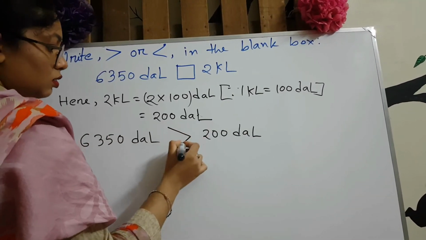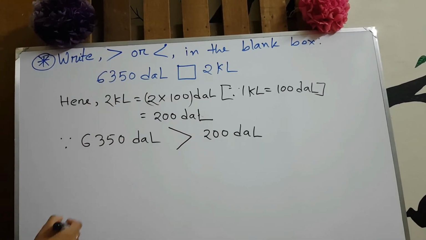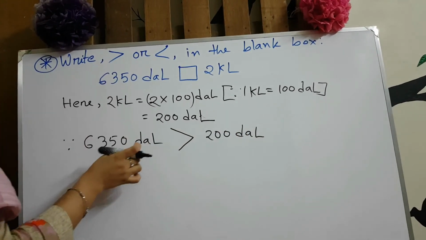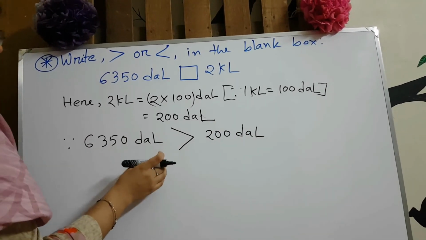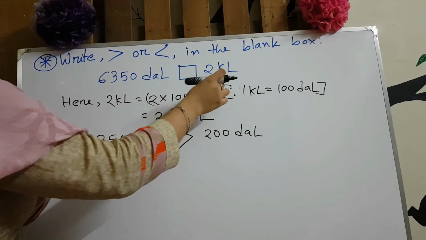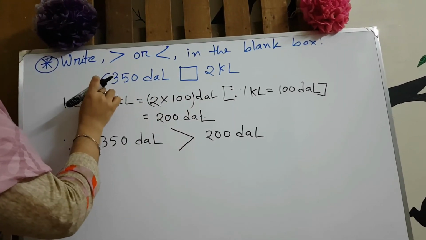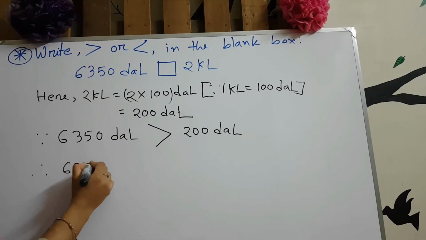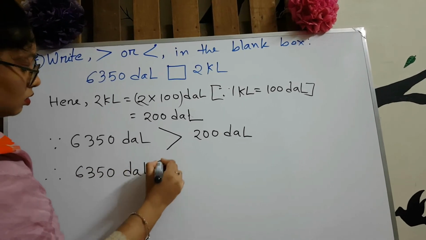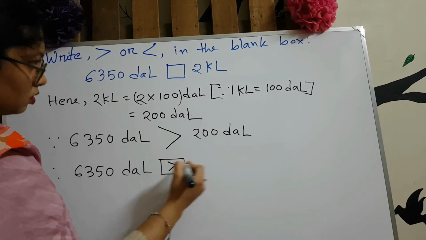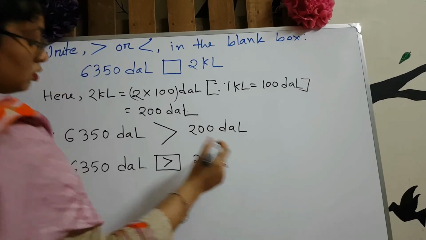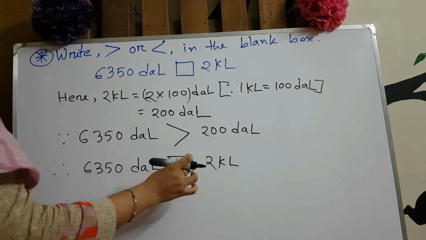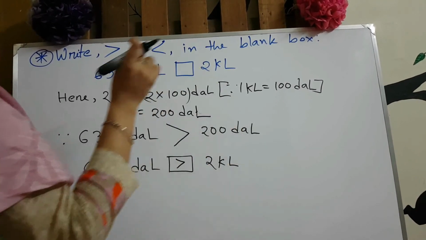Since 200 decaliter is smaller than 6350 decaliter, we can also say that 2 kiloliter is smaller than 6350 decaliter. So our answer is 6350 decaliter is greater than 2 kiloliter.